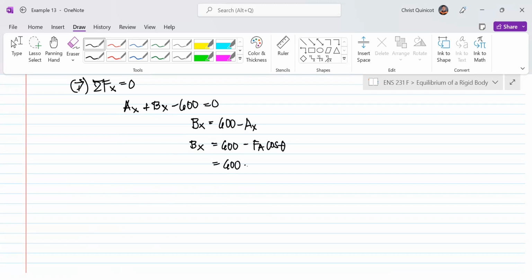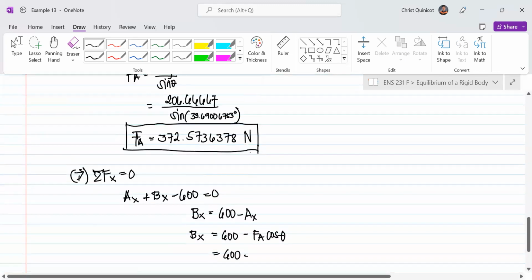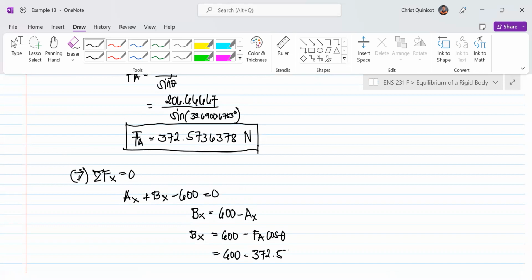That's 600 minus our F sub A, 372.5736378, times cosine of 33.69006753 degrees.